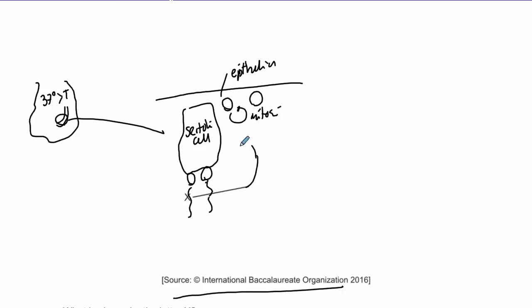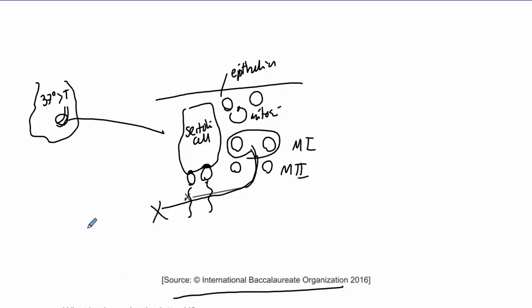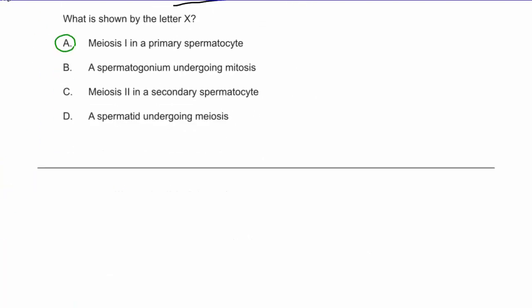So I would guess meiosis 1 is going on here, and maybe these cells are meiosis 2, because now they are soon finished, and maybe these have the black thing in the front, and these are ready to go. They just need some extra food. So I would guess that the X would be somewhere around here, but I'm not sure since I can't see the image.